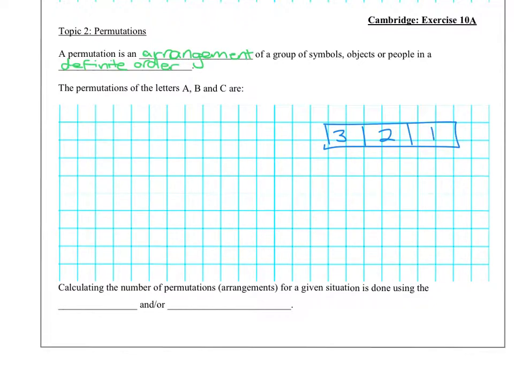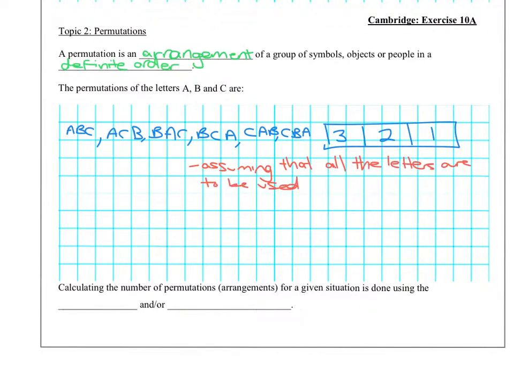If we wrote it out, that would be ABC, ACB, BAC, BCA, CAB, and CBA. There we're assuming that all the letters are to be used. So that's equal to 6 possible arrangements.